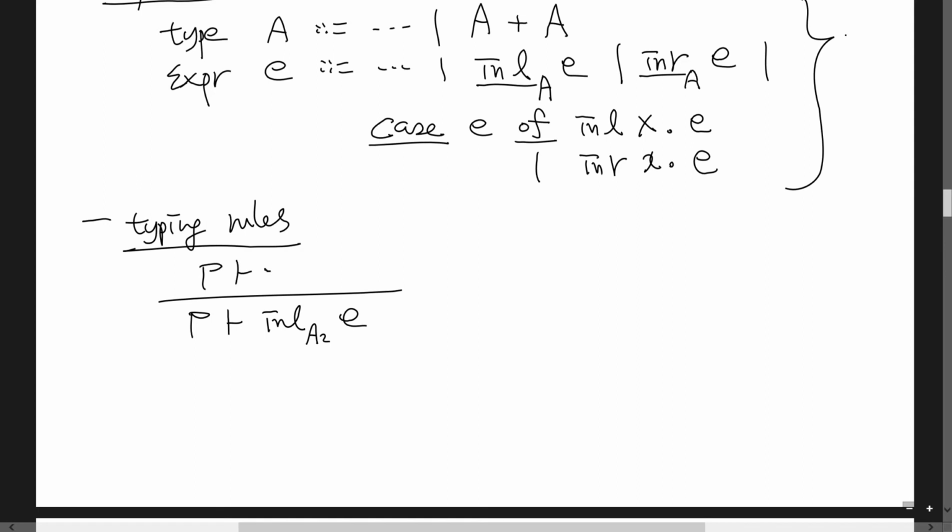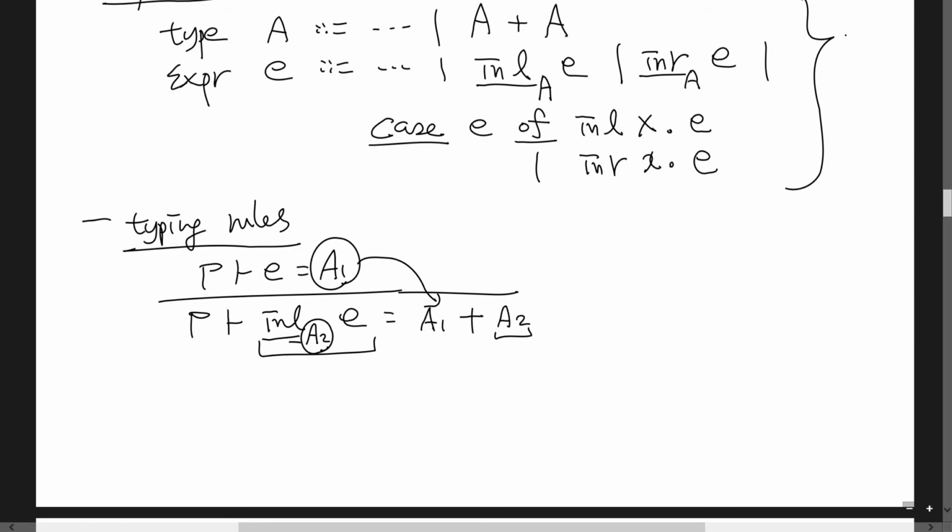If expression E has a type A1, then the whole expression is going to have this sum type, and it's injection left, so we place this A1 on the left side, and the type on the right side is obtained directly from this annotation, so it has type A1 plus A2.